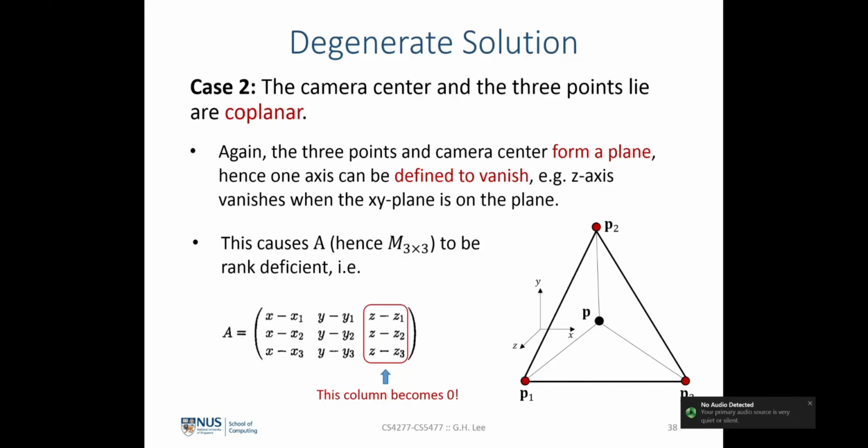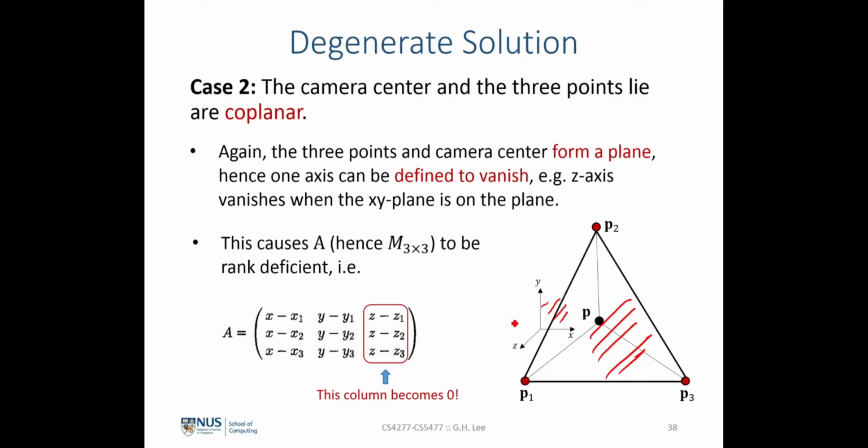We can also observe a similar problem as in the previous case when the camera center lies on the plane that is formed by the three 3D points that were given to us. In this particular case, as illustrated in this figure, all the 4 points, P1, P2, P3, and P, which is the camera center, form a plane. Similar to the first case, we can assign a world frame such that the XY plane is aligned with this plane.